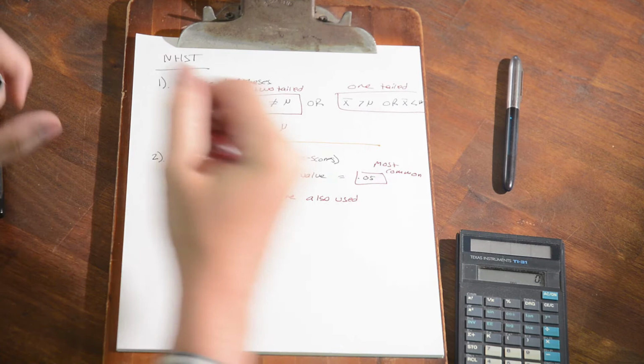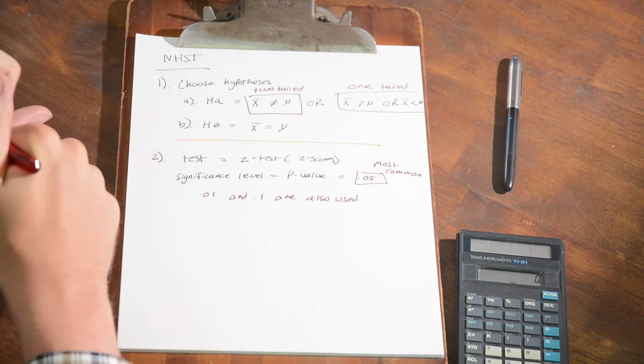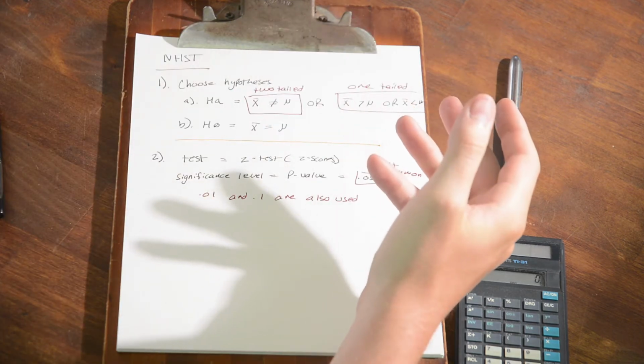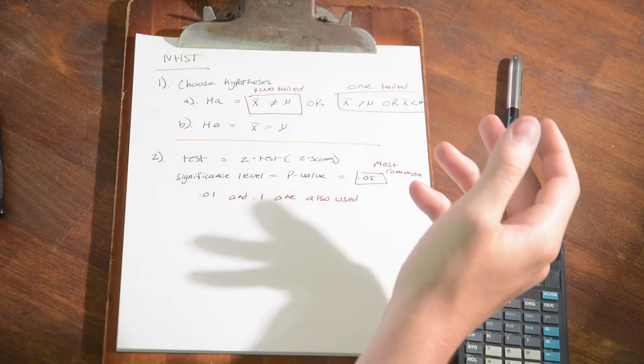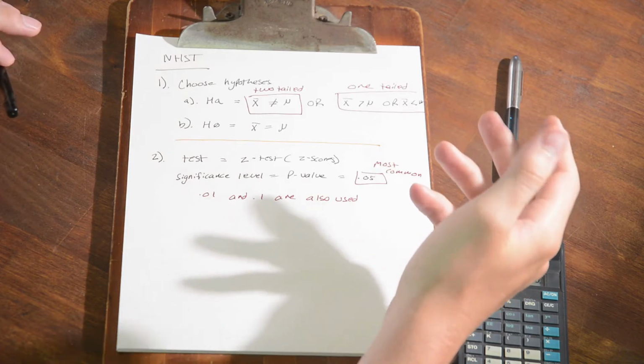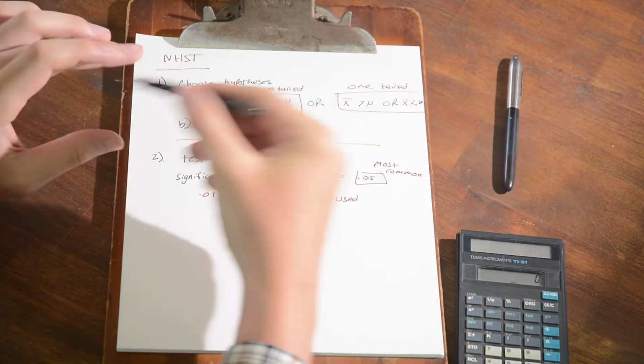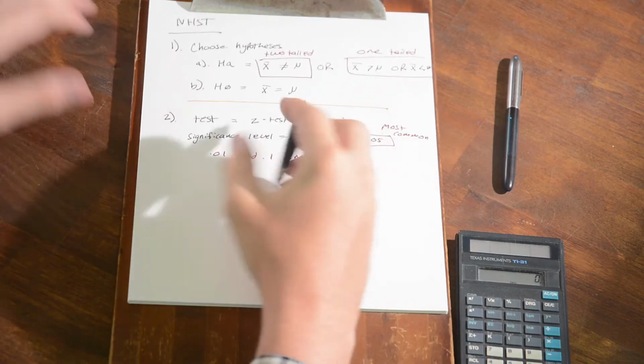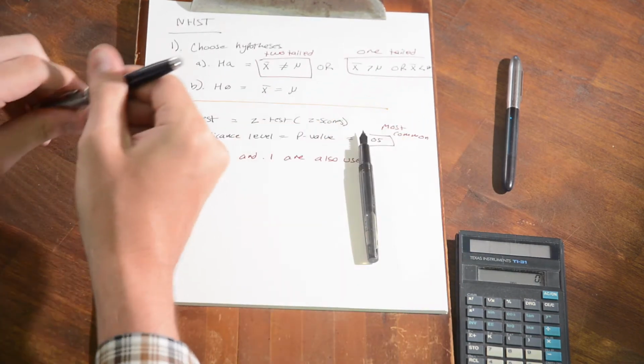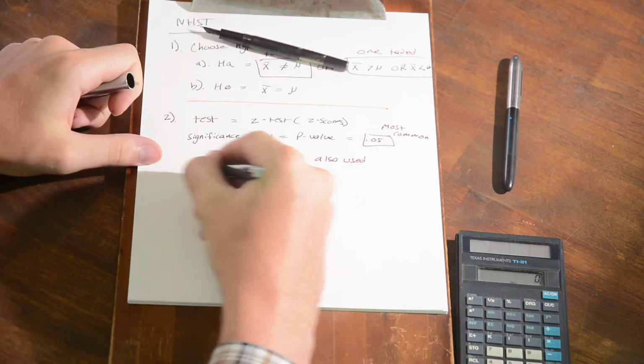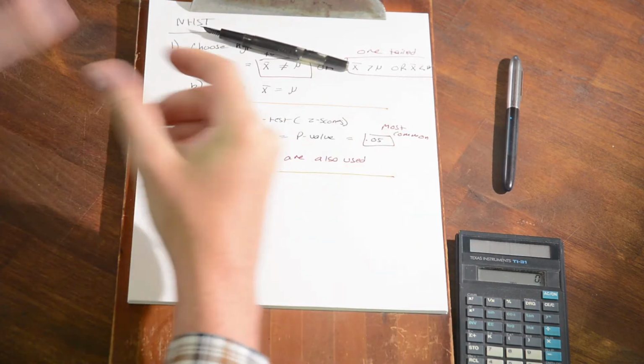There are just different reasons for choosing them depending on what type of research you're doing, how you want to set up your type 1 and type 2 error rates. All right, that takes care of step 2. That out of the way, let's move on to step 3.